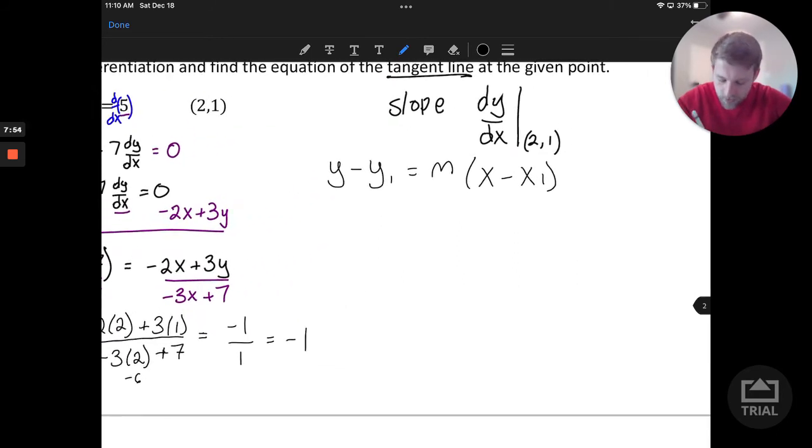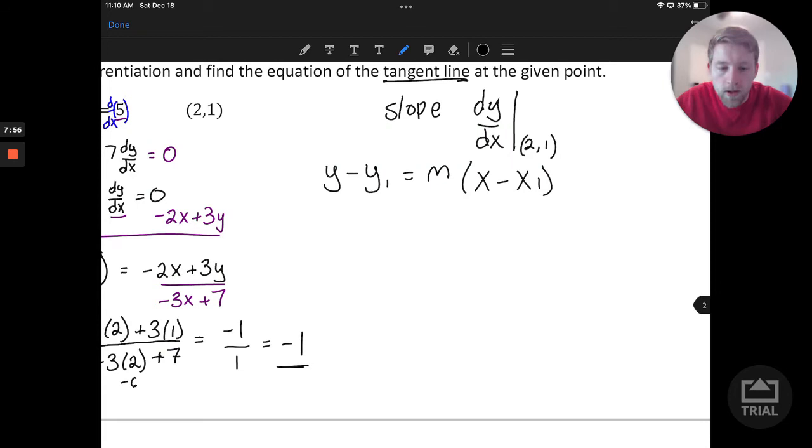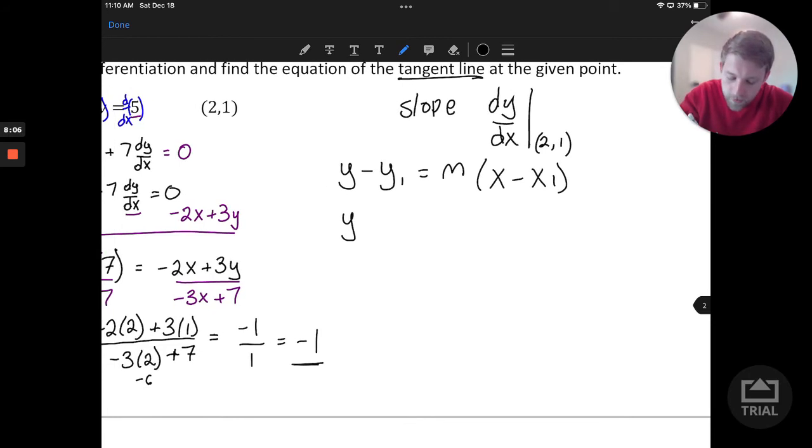We'll take our tangent slope, which is negative 1, and we'll take our point (2, 1) as our x1 and y1. So we would list this out as y minus y1, which is 1, equals negative 1 times x minus x1, which is 2.